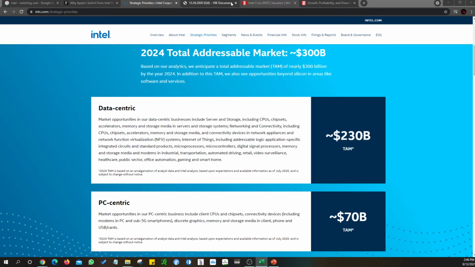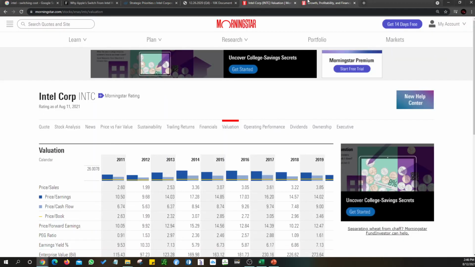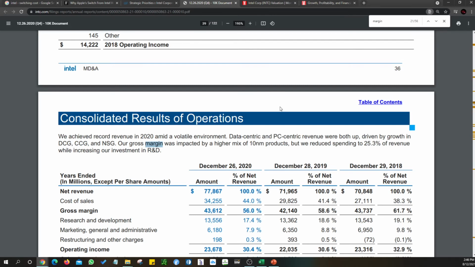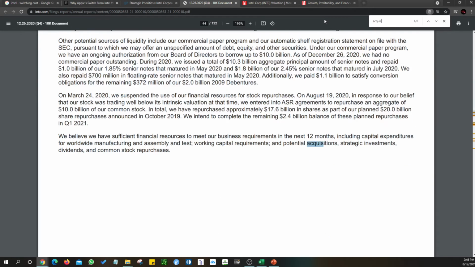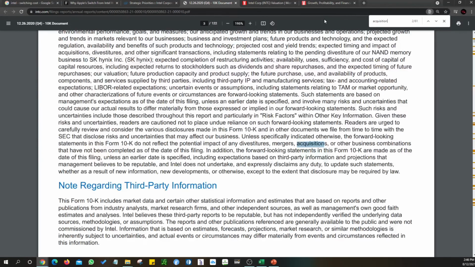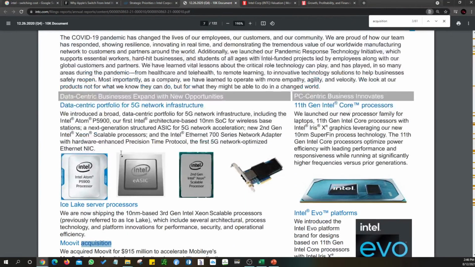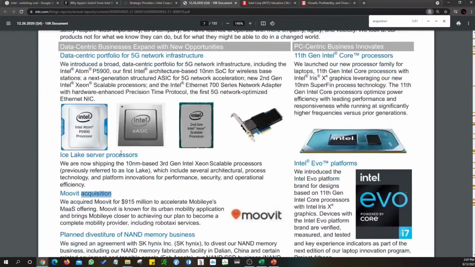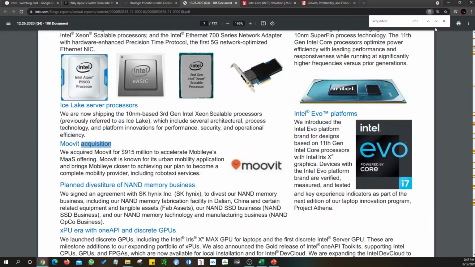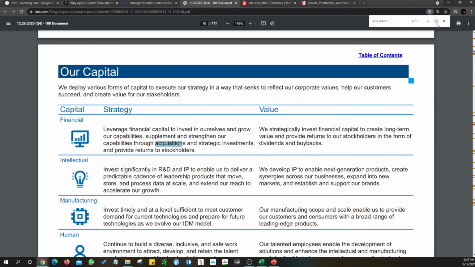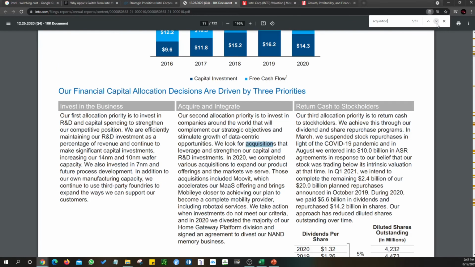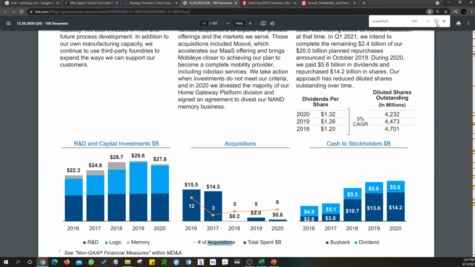And let's go back again here. That was it. All right. This speaks all about the acquisitions. It's one of the acquisitions, right? They acquired a lot of different companies.